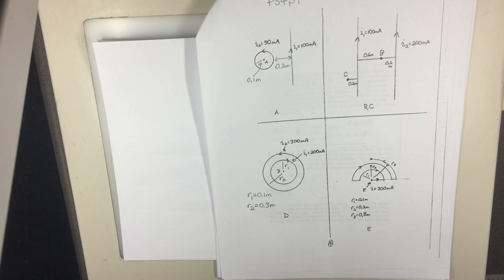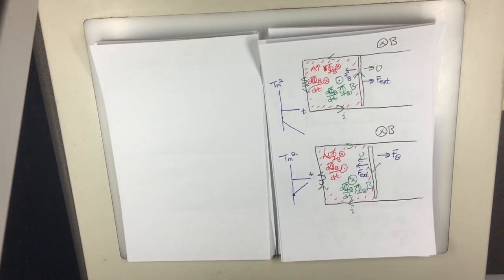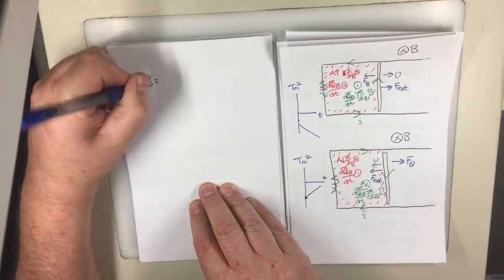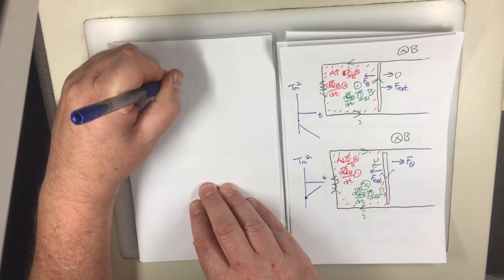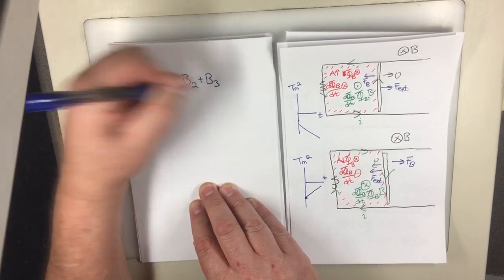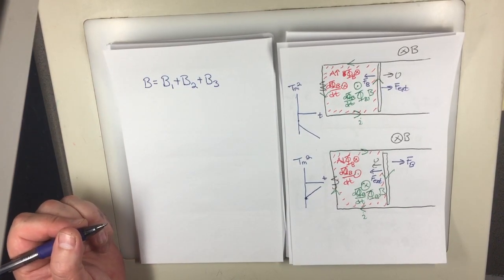In the end, the little lines aimed at the center have no effect in a 214 world. So the total B field is the B field from arc 1 plus the B field from arc 2 plus the B field from arc 3. They just add up. Much like masses, moment of inertias, E fields, potentials, all sorts of stuff.